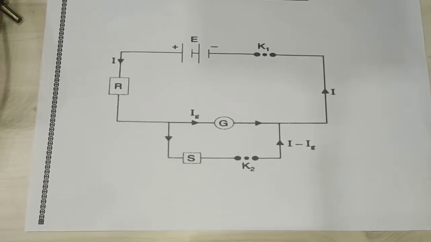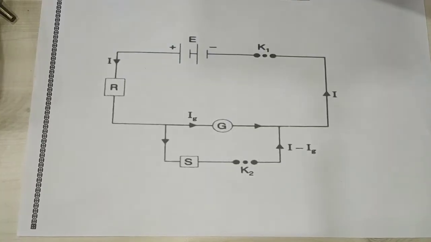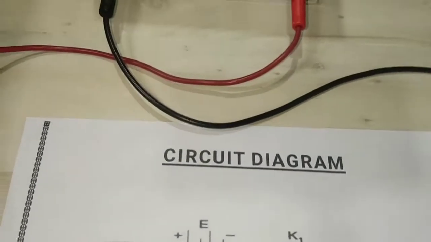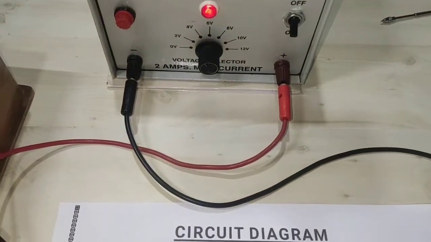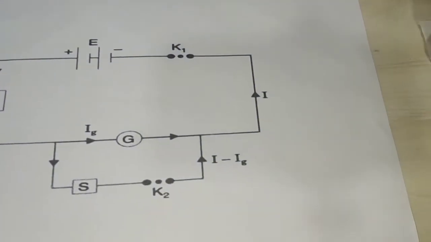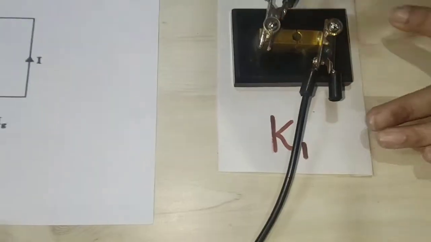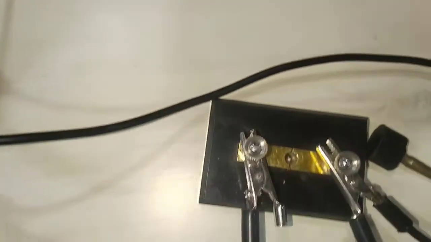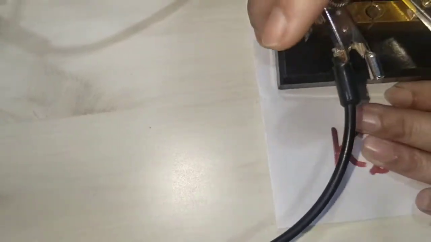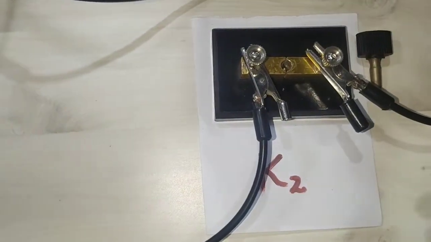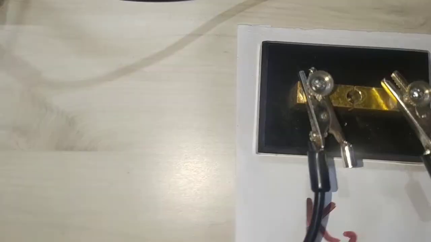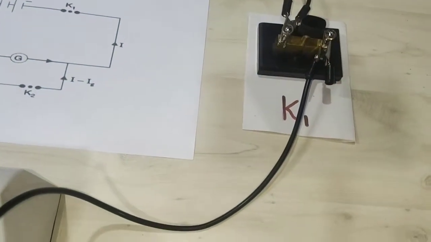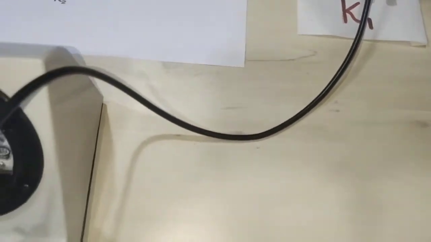So we switch on the battery, and this key is K1 and this key is K2. We need to close K1 and note E.